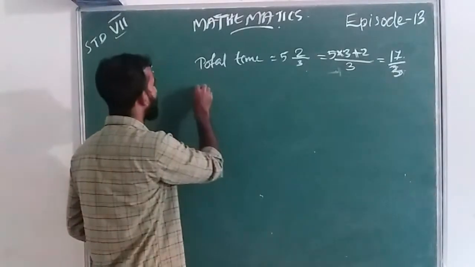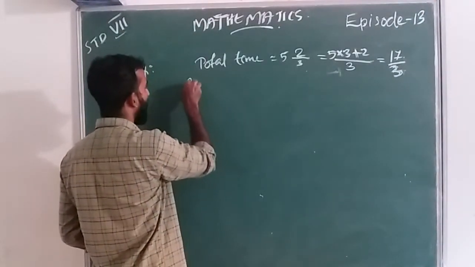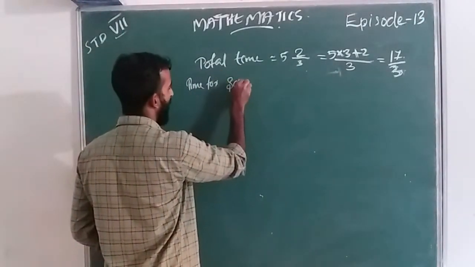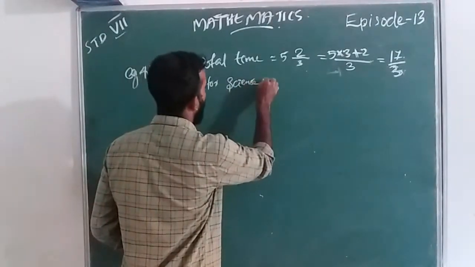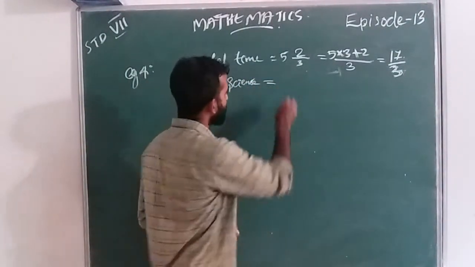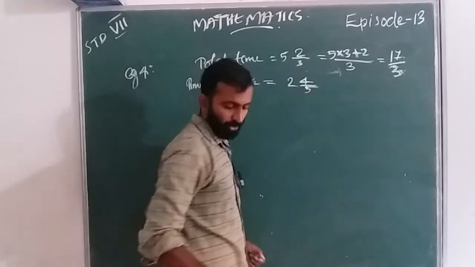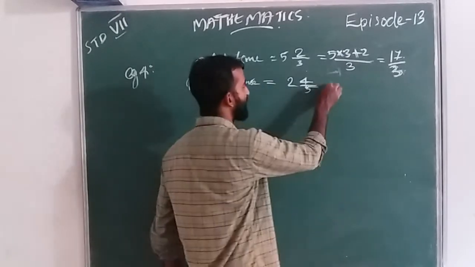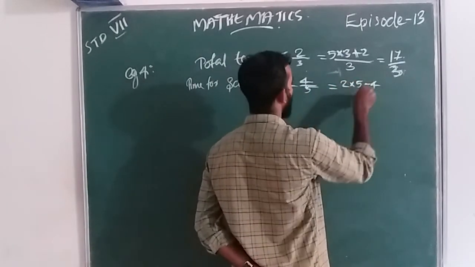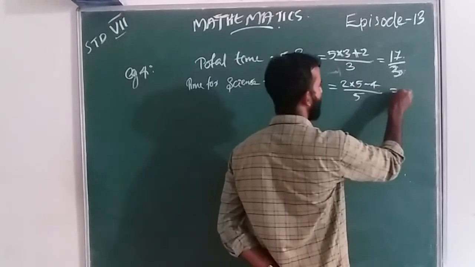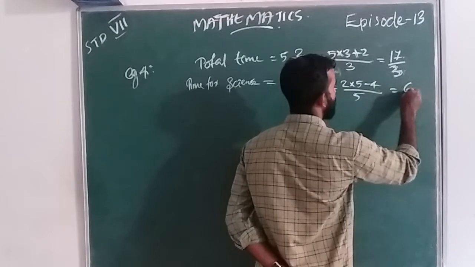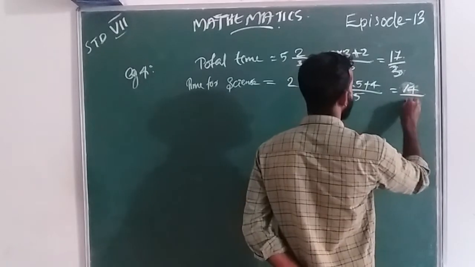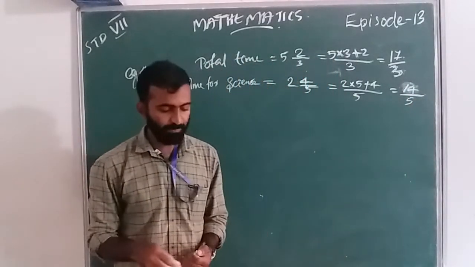And the time she devotes for the maths or science subject is 2 and 4 by 5. This is also a mixed fraction, so we get 2 into 5 plus 4 whole divided by 5, that is 14 by 5 hours.